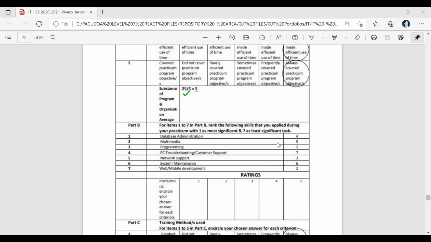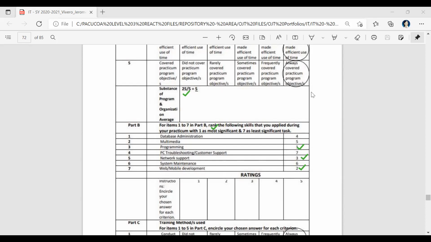Now for part B, it says here you have to rank the following scale. So take note, rank. That means there should not be two 1s or two 3s. Okay, so the first, in his case, is programming. Second rank is web or mobile development, and so on and so forth.